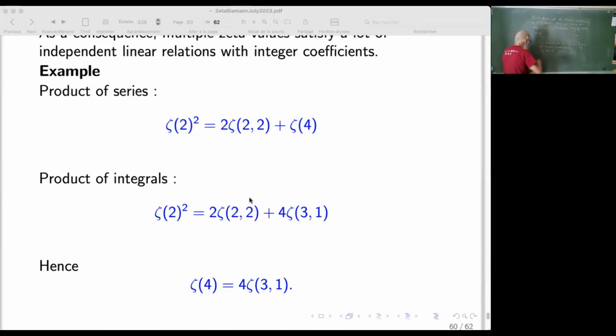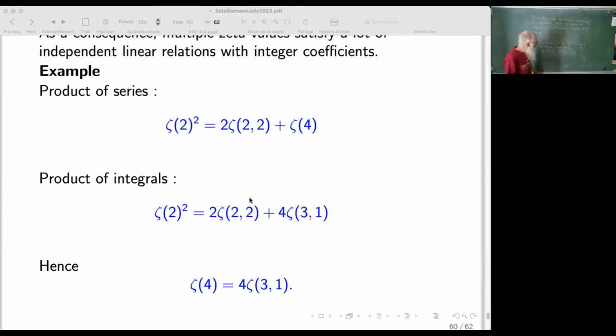So we have shifted from a problem of algebraic independence, which is difficult, to a problem of linear independence, which a priori is easier. And we have some good conjecture about the dimension of the space spanned by multiple zeta values.